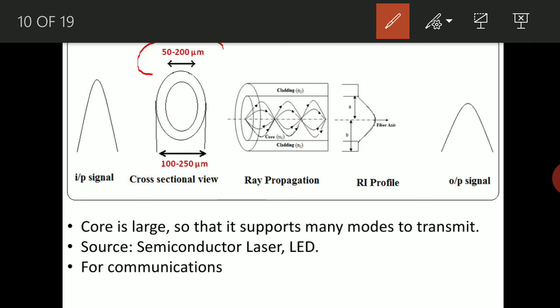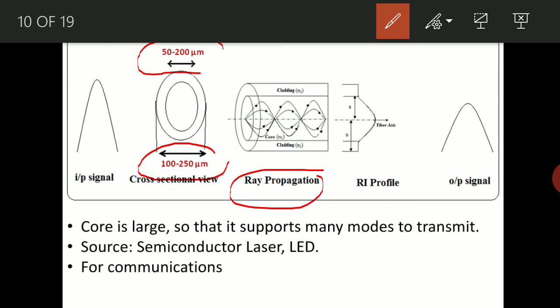Here the core diameter is same as in the case of the multimode fiber we previously discussed. The fiber diameter remains same, that is the core is 50 to 200 micrometer and the cladding is 100 to 250 micrometer. And coming to the ray propagation, here a ray of light is going to take a helical path, so some curved path is going to take place.